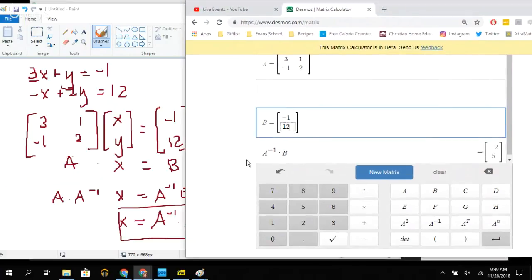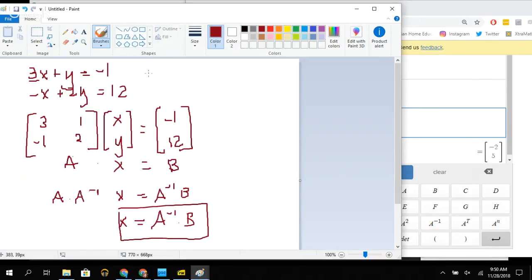And then I already still have typed in there the inverse of A times B. And so the inverse of A times B is -2, 5. So that means that the answer to this equation is -2, 5. That's your X and your Y.